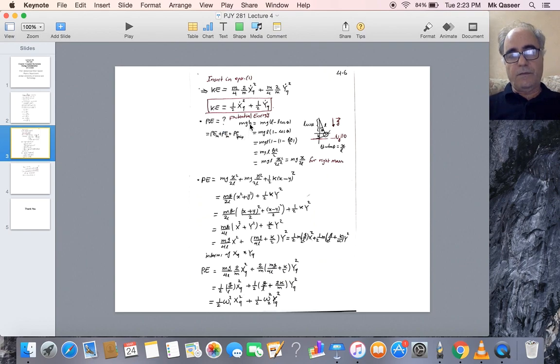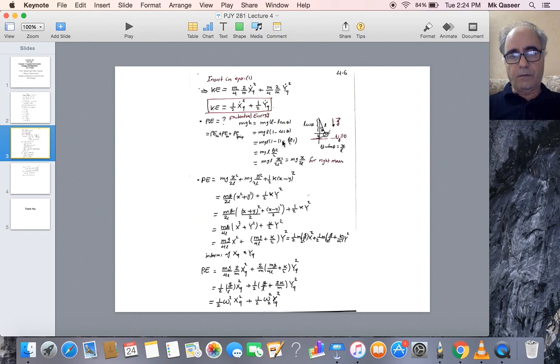Now let's simplify this term first. The potential energy for the right mass is mgL times (1 minus cosine theta). I push this L outside, and then expand cosine theta as 1 minus theta squared over 2.